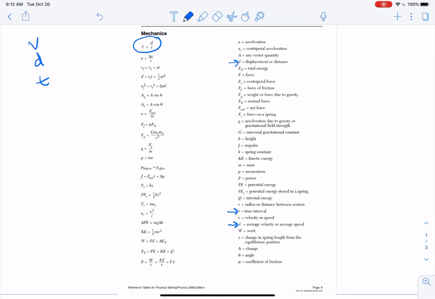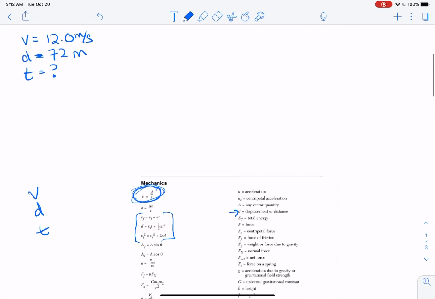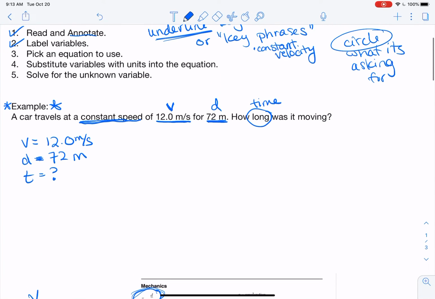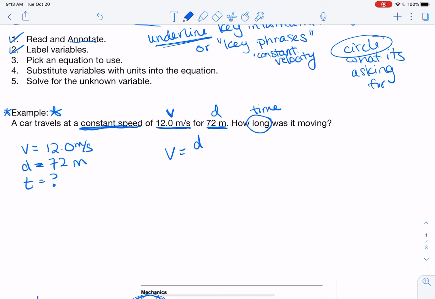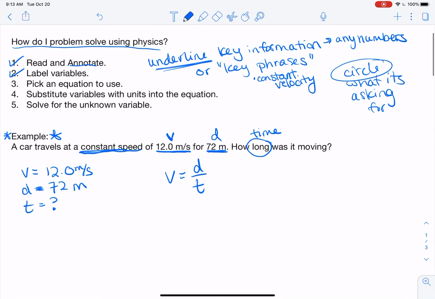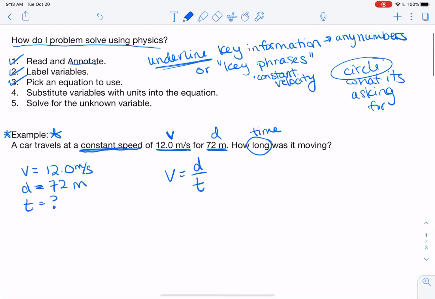But you can see, like, especially when we get down here, these equations get more complicated. So even though we're just doing this one up here, later down the road, we're going to be using these other equations, and that's where it can get confusing if you don't know this method. So what I'm going to do is write that equation, V equals D over T. So we picked our equation to use. Now we're going to substitute our variables in.